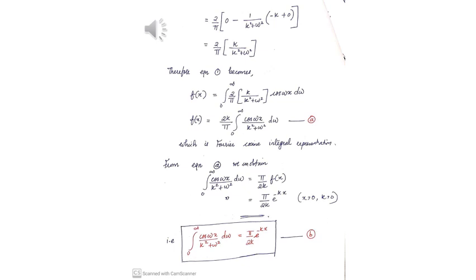This 2k by pi is multiplied with this f of x, so it becomes pi by 2k into f of x, which is equal to pi by 2k into e raised to minus kx. So here you can write the formula integral 0 to infinity cos omega x divided by k square plus omega square d omega is equal to pi by 2k into e raised to minus kx. This is one of our Laplace integrals, which you will be seeing in the next slide.